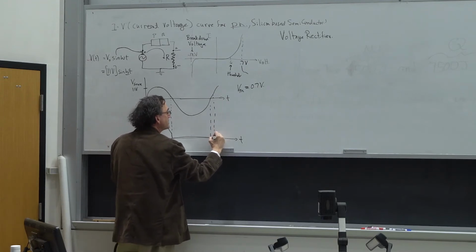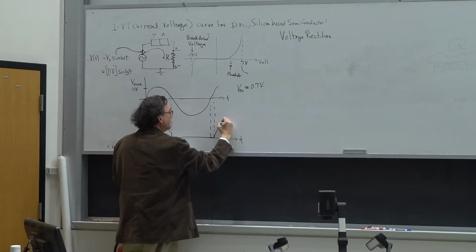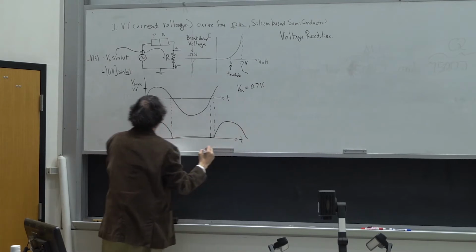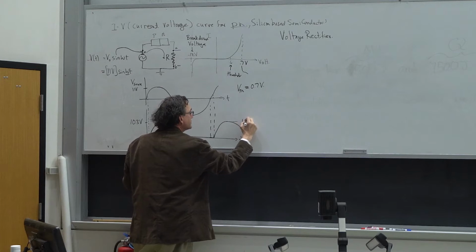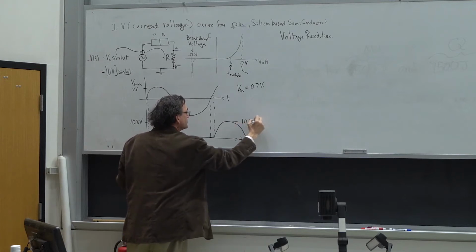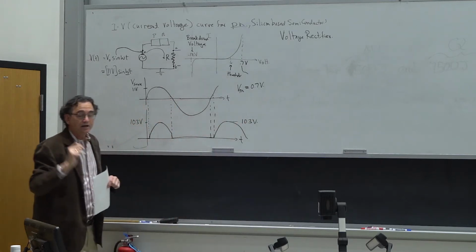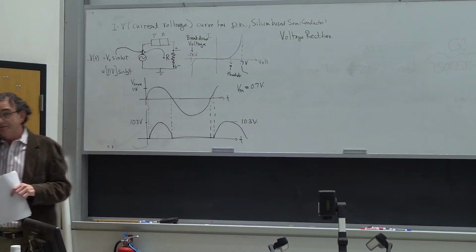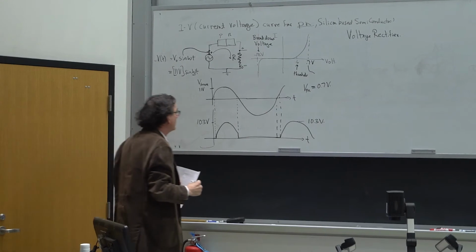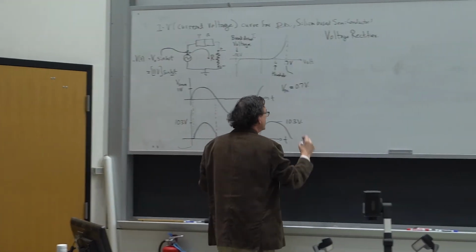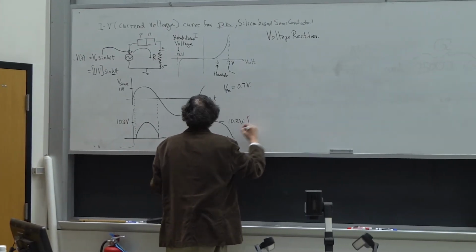It goes to 0.7, and then it will rise up, and it will repeat again, except that the voltage level here will be 0.7 lower than the source voltage because of the drop across the diode. Okay?